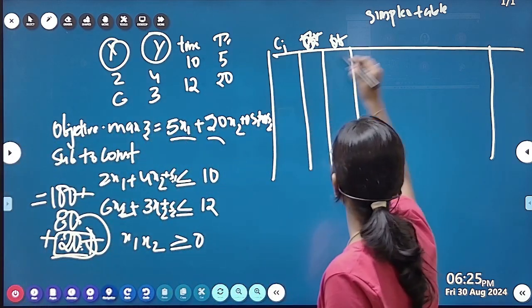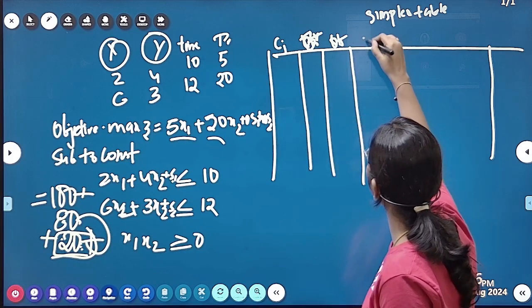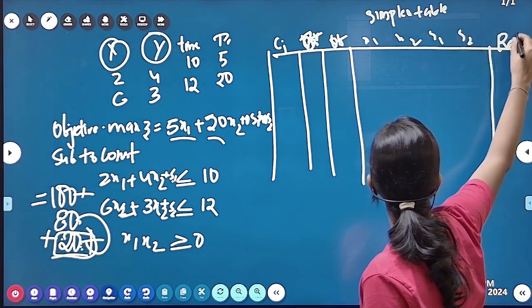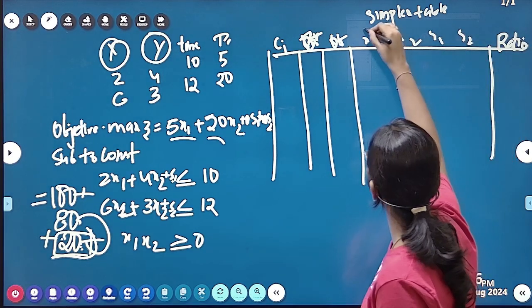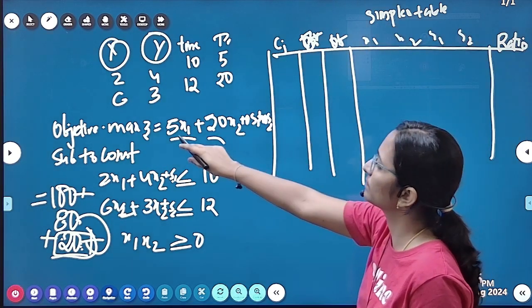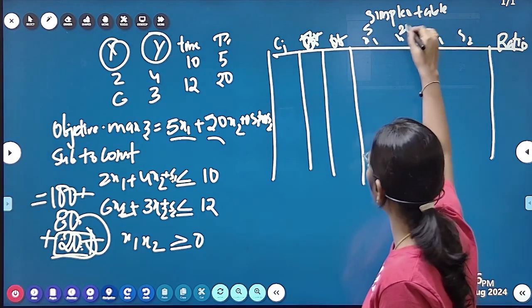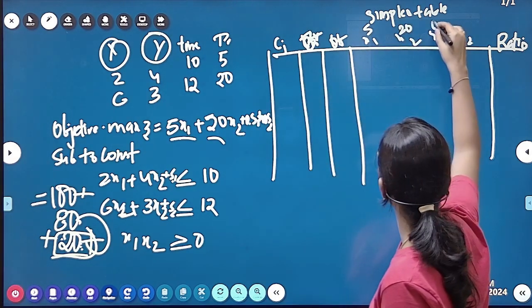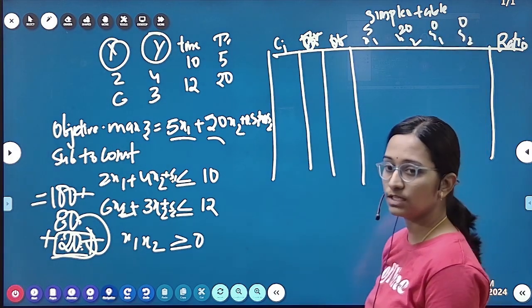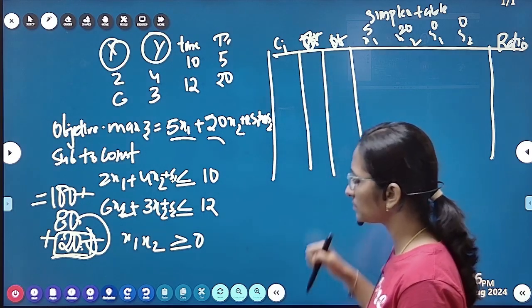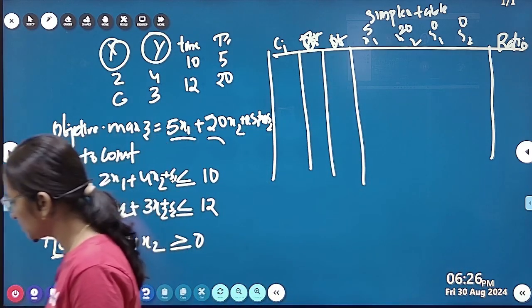5, 2. So this is x1, x2, S1 and S2. This is the ratio. So what's S1 here? 5. Here 20. Here 0 and 0. So tell me the quantities. Quantity, how much?